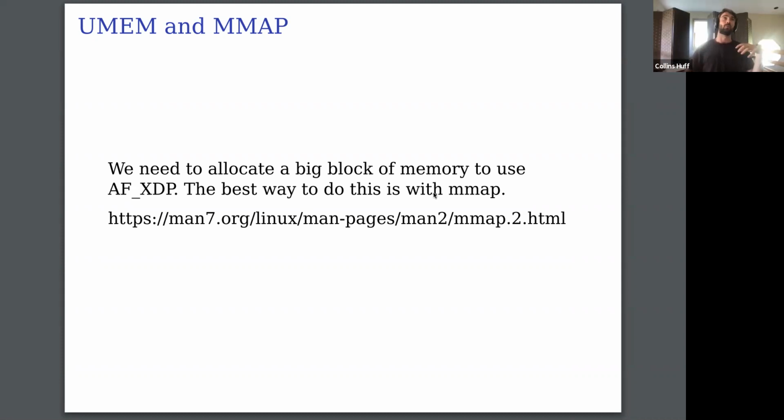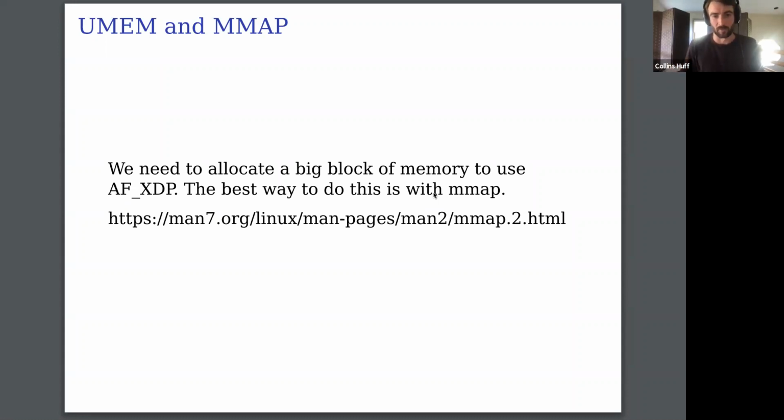Mmap typically is used to map a file into memory so that you can operate on the contents of that file as if it were addresses in memory. However, there's another way you can use mmap, which is called using the mmap anonymous flag, which means it's not backed by any underlying file on the file system. It's just a big block of memory for your program to do whatever it wants with.